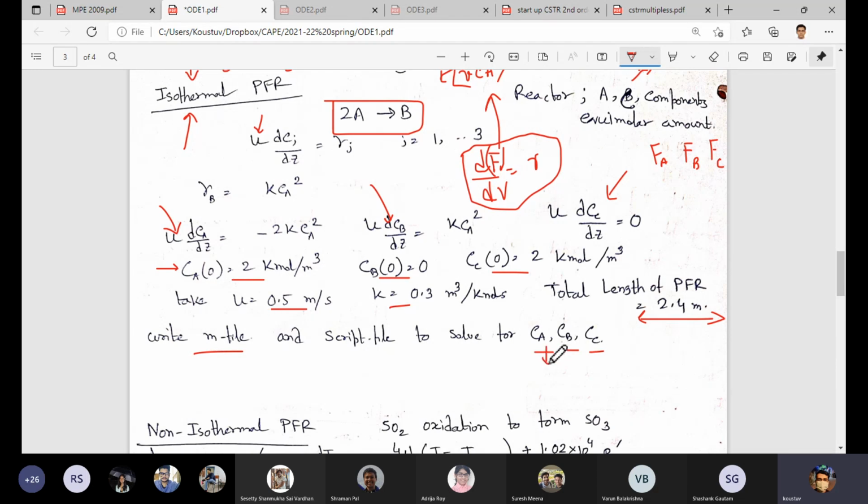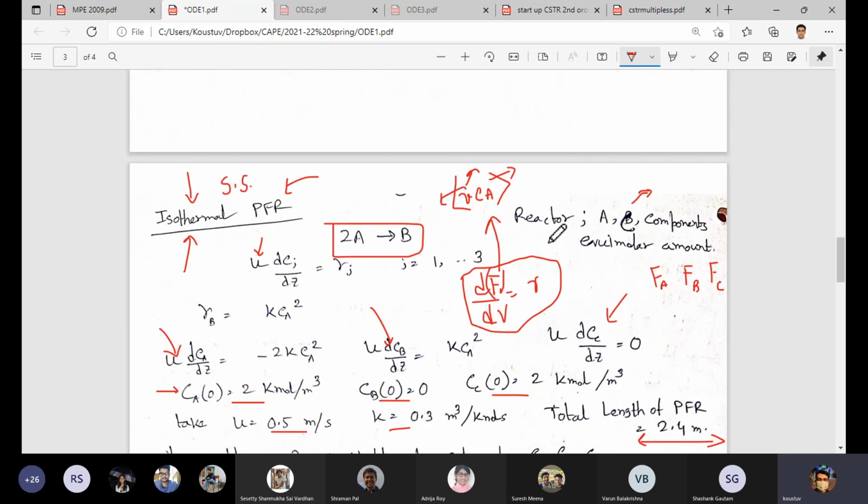So in case of volume variation, you should be able to calculate the conversion in terms of F. So (FA in minus FA out) by FA in, right? Here, when volume variation is there, you do not consider concentrations, rather molar flow rate.